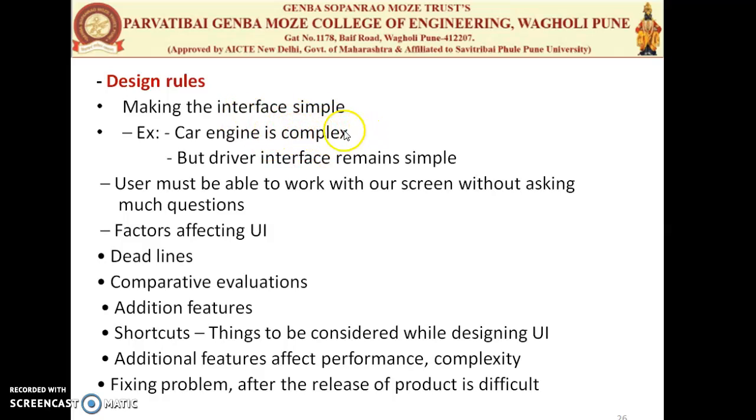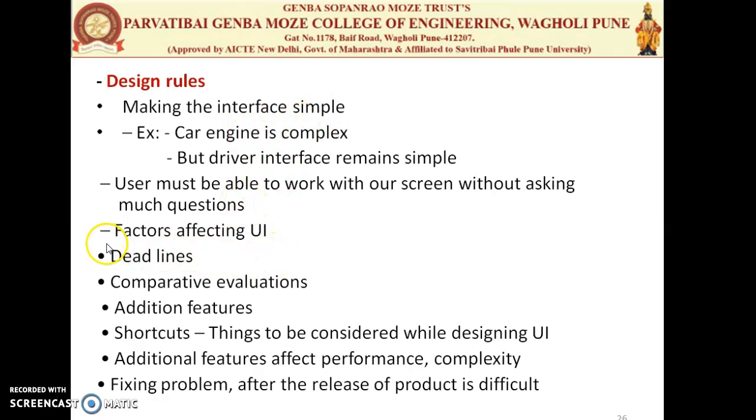Whatever the complexity is, it is at the backend stage, at the development stage. The user just needs to make a simple request from the UI and get the response by displaying the information on the UI. So the user must be able to work with our screen without asking many questions. That means the user interface should be simple.